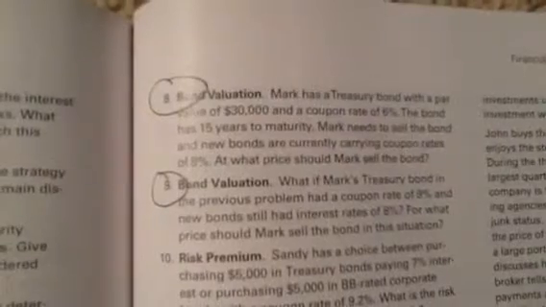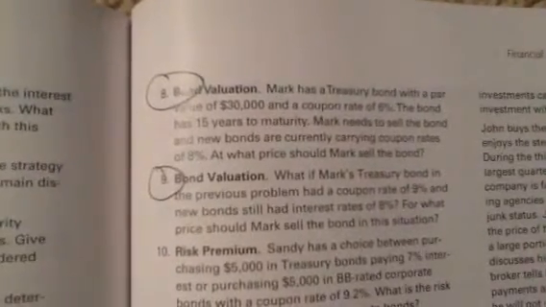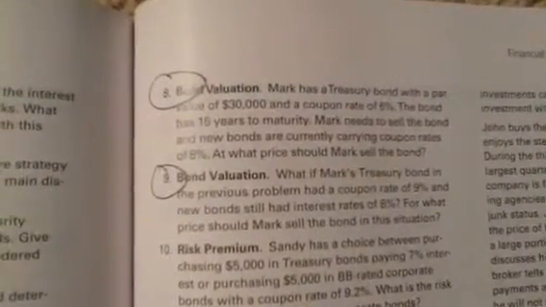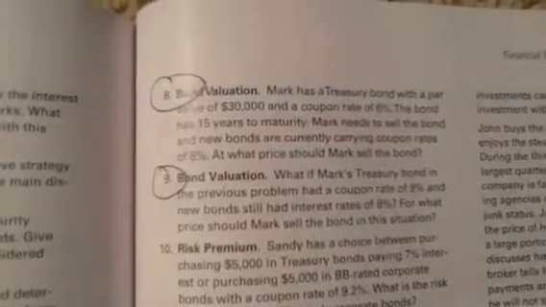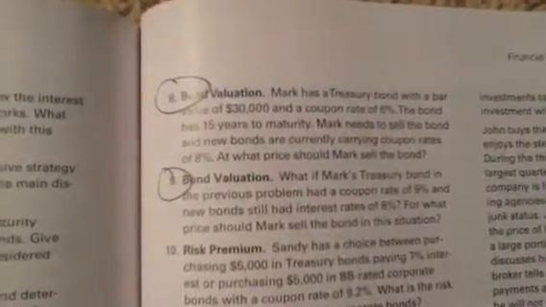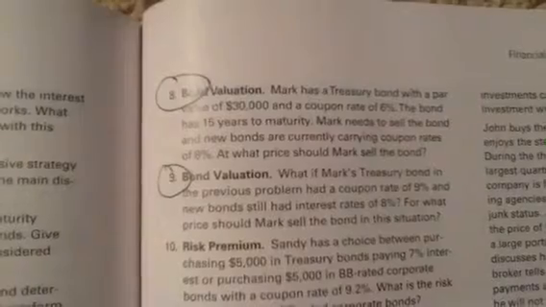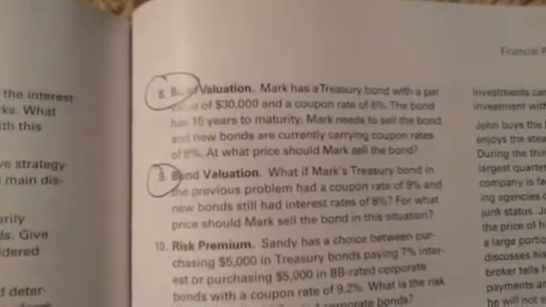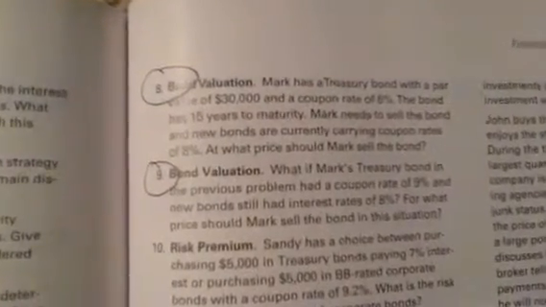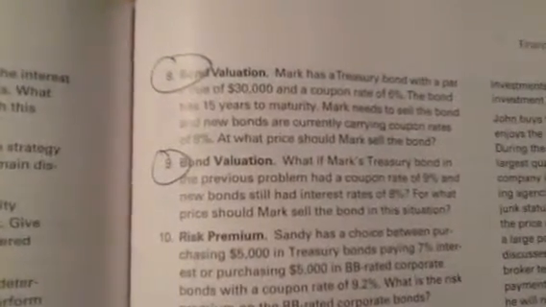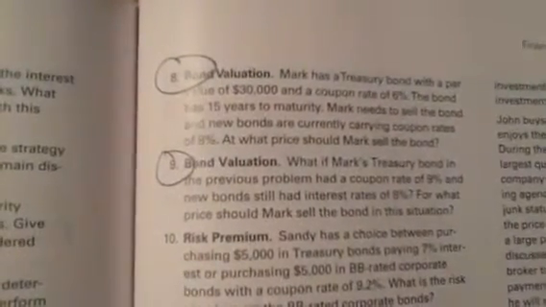But 6% is his coupon rate. That's what he makes in interest payments and coupons every year. Now, it says in the second sentence here that new bonds are currently carrying coupon rates of 8%. Do you remember my description of this in our slides when we talked about the yield? The 8% that you're seeing there is the yield.